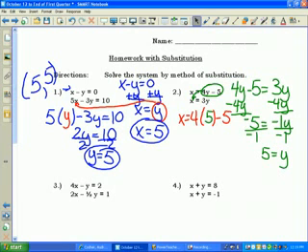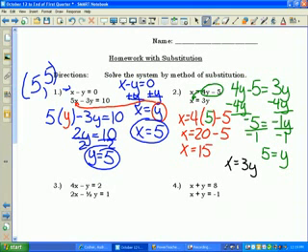It wouldn't matter because either one is going to give me the same answer. If I plugged it into the first equation, I have 4 times 5, which gives me 20. And 20 minus 5 will give me 15. But if I plugged it into the second equation, instead of that y, I will put a 5.